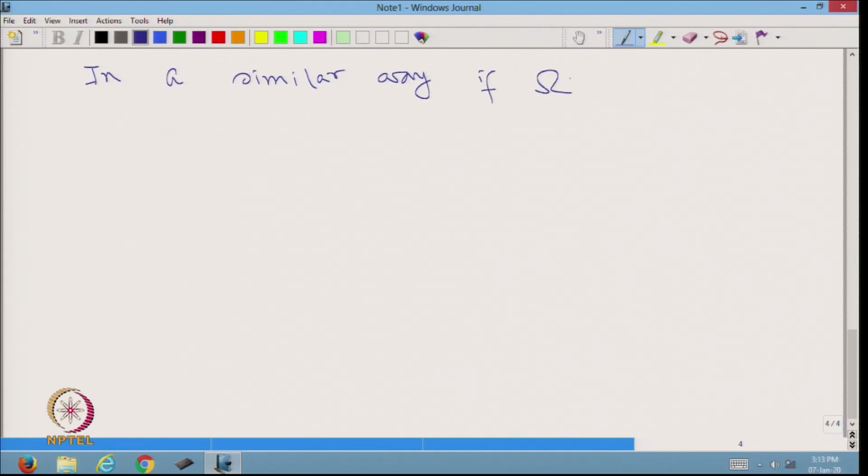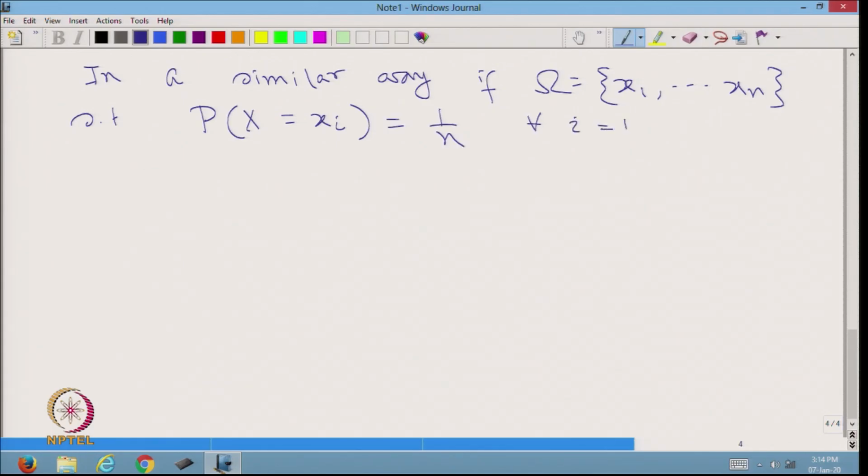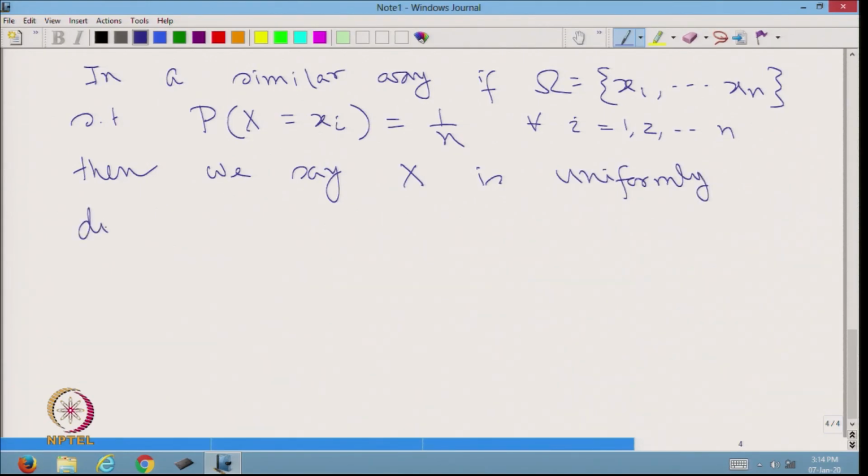In a similar way, if omega is equal to {x1, x2, ..., xn}, such that the probability X equal to xi is equal to 1 by n for all i equal to 1, 2, up to n, then we say X is uniformly distributed on omega.